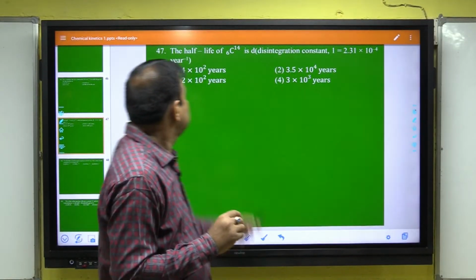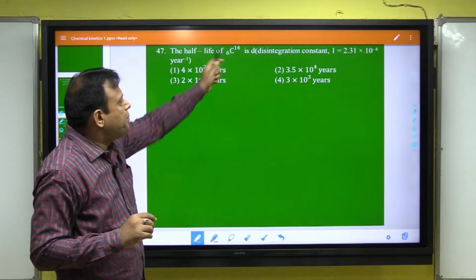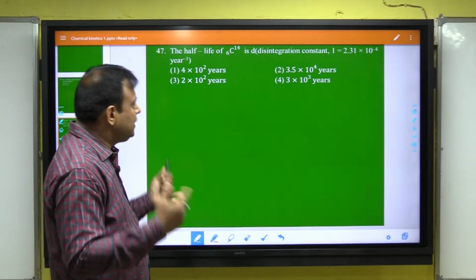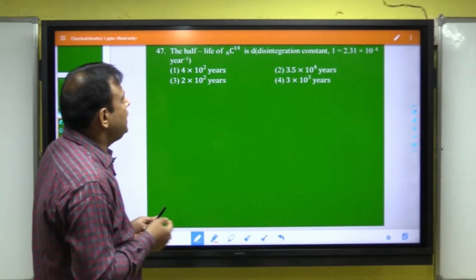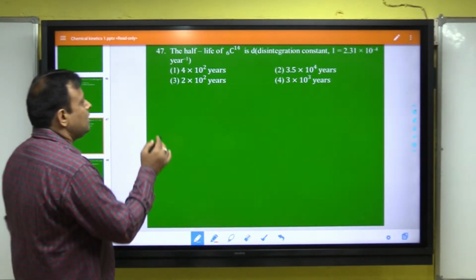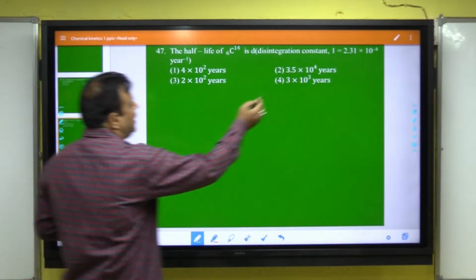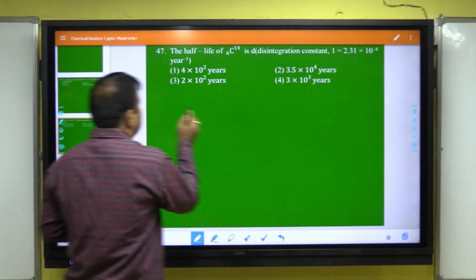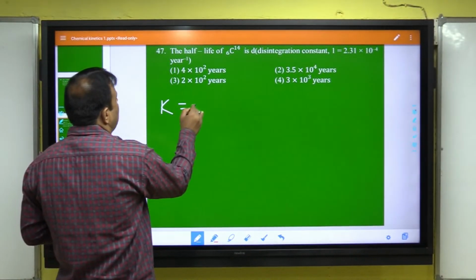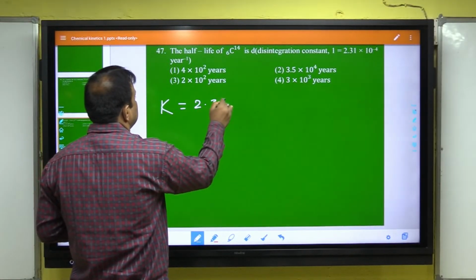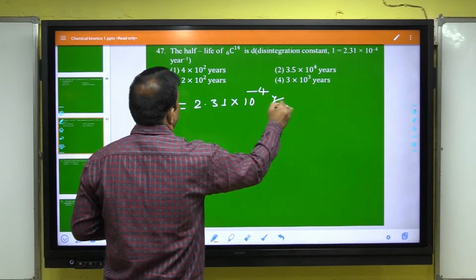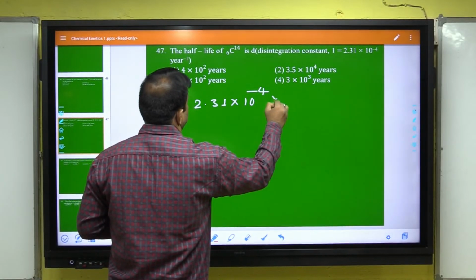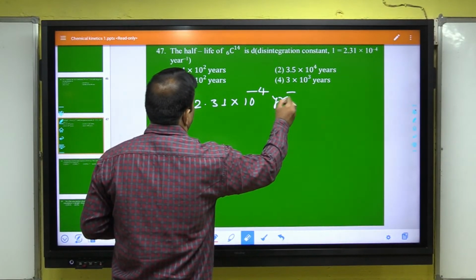And hence the half-life of carbon-14 disintegration rate constant is given. Listen, the rate constant is in symbol lambda, but normally k is equal to 2.31 × 10 to the power -4 years inverse. Clear?